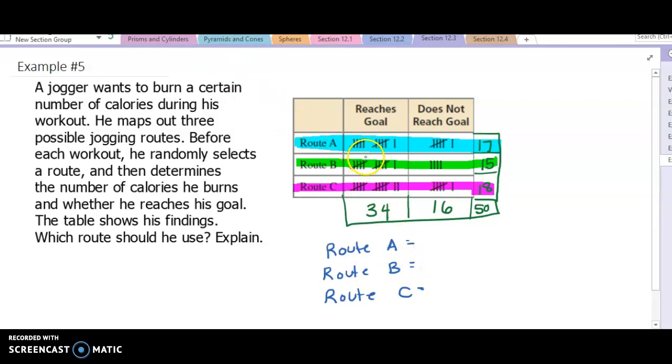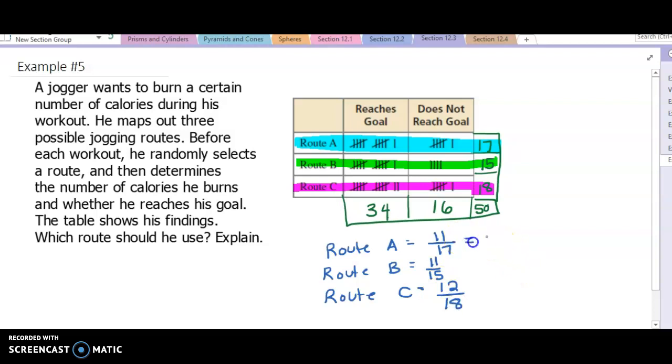All right, so for route A, we reached our goal 11 out of the 17 times we ran it. Okay, route B, we reached our goal 11 out of the 15 times we ran it. And then route C, we reached our goal 12 out of the 18 times we ran it.